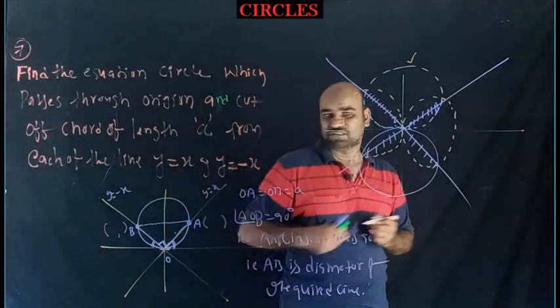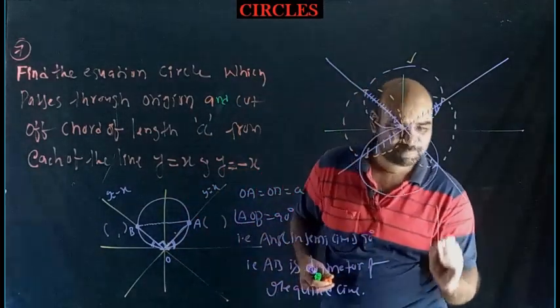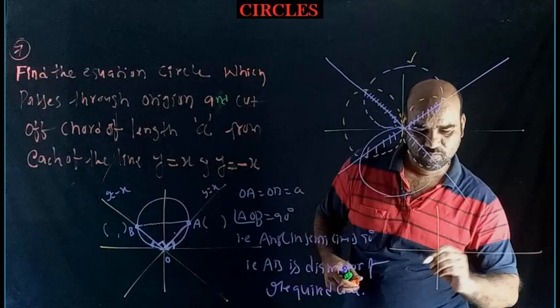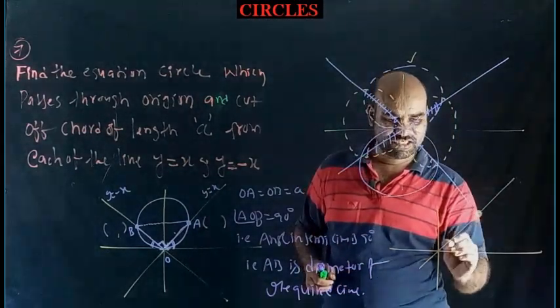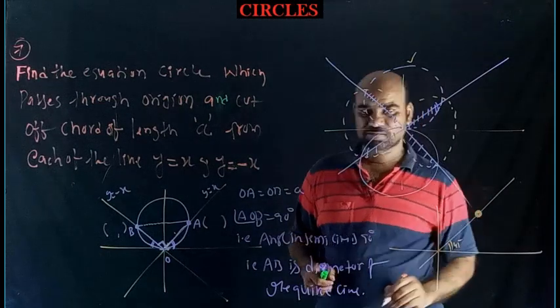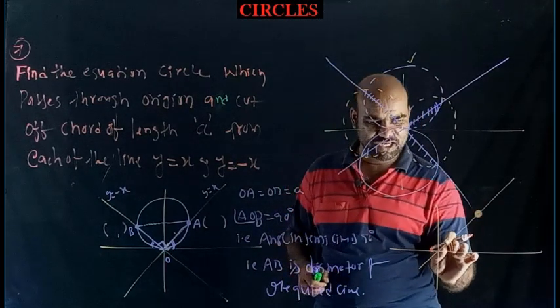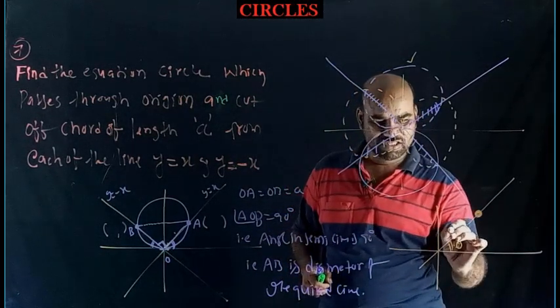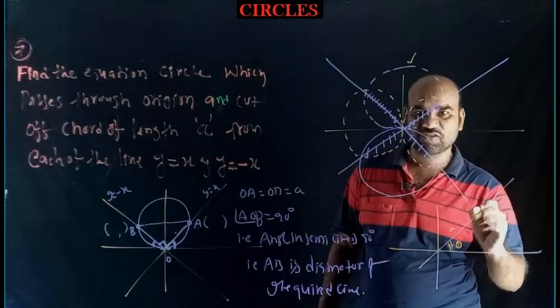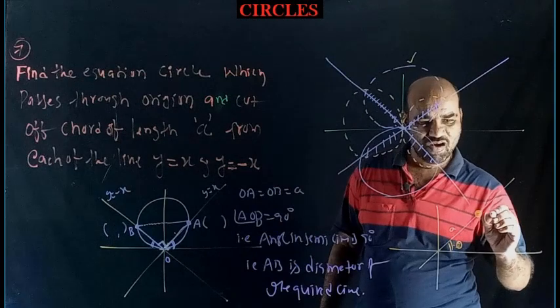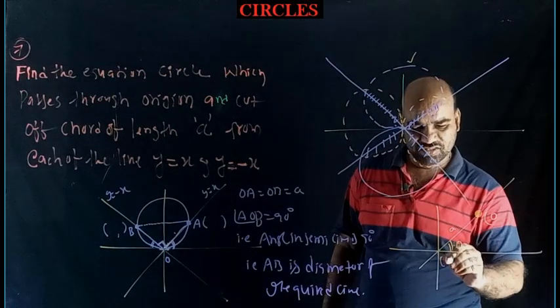So again I want to explain the concept here. See, this is the line. Its inclination is 45 degrees, or say theta, for example. This length is a. So by using basic trigonometry, you can say the coordinates of the point A are (x1 plus r cos theta, y1 plus r sin theta), where x1, y1 is 0 here.